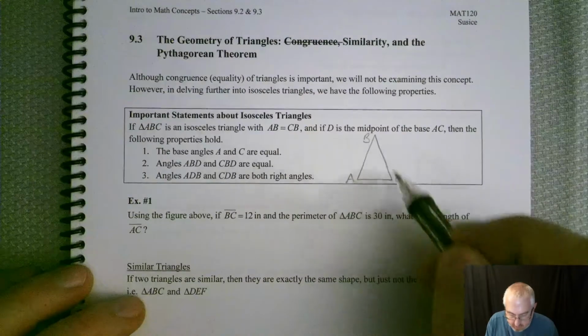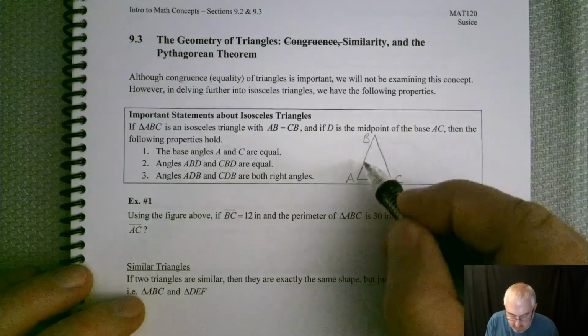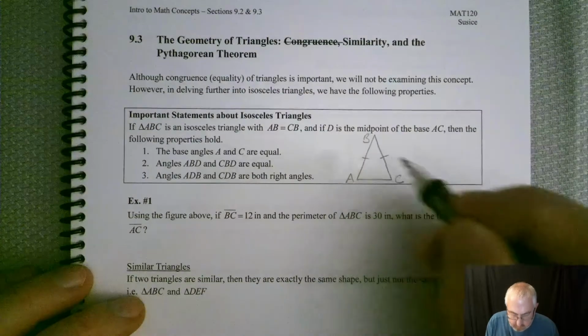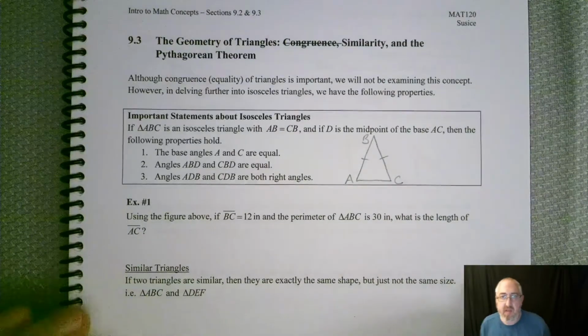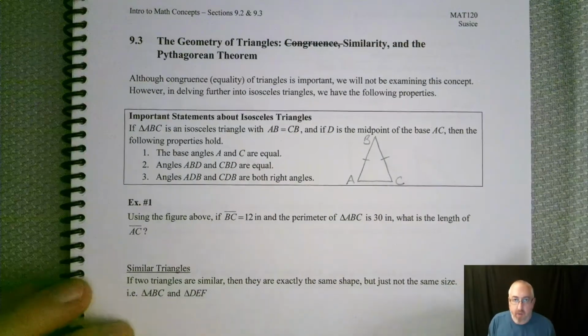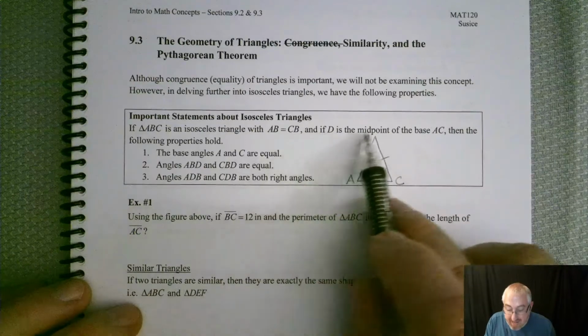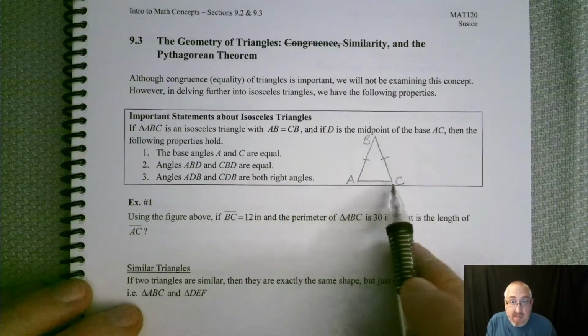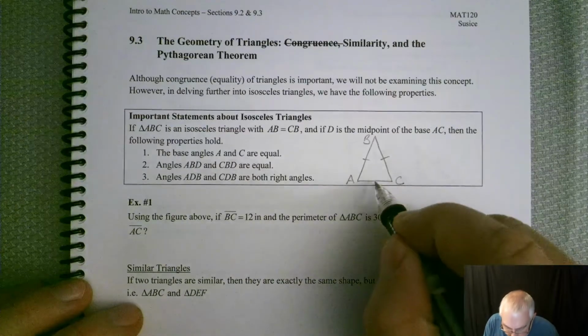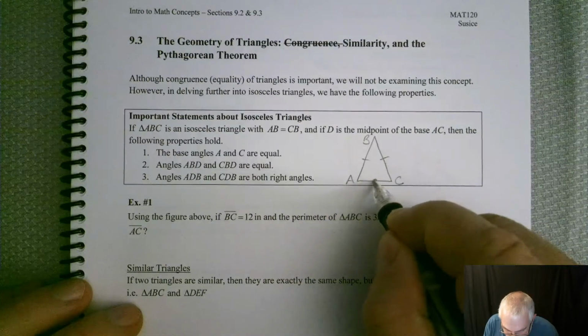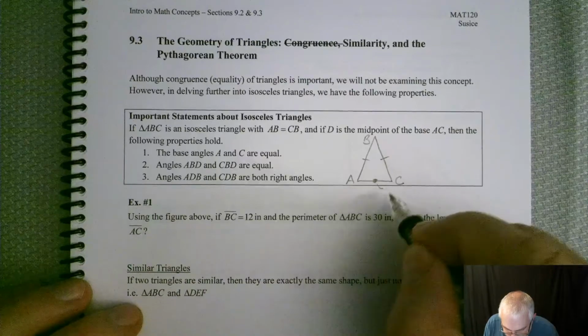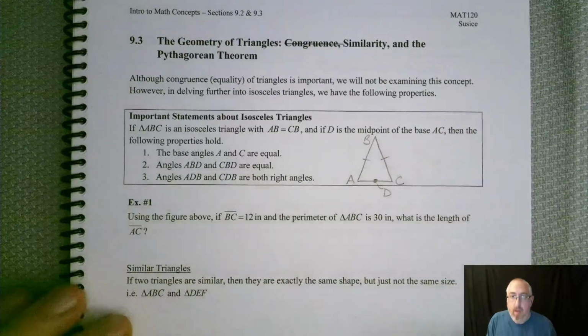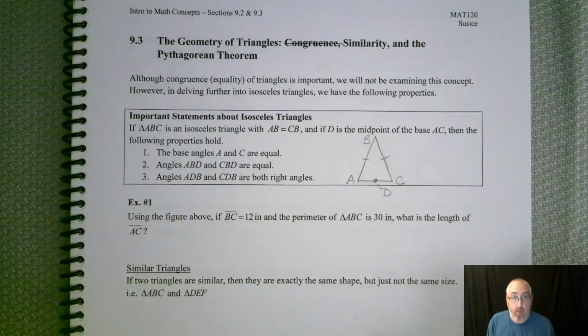AB equal to BC or CB. Would these two look the same? Yeah, they look the same. So that would be a good drawing. And now if D is the midpoint of base AC, so AC is our base, it's on the bottom, we want the midpoint. And that is D. Then the following properties hold.